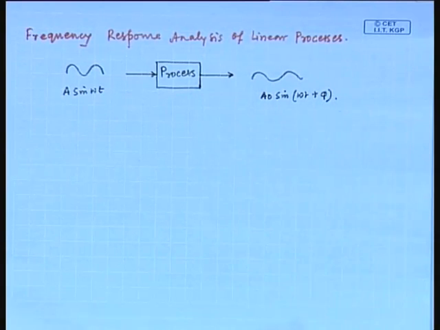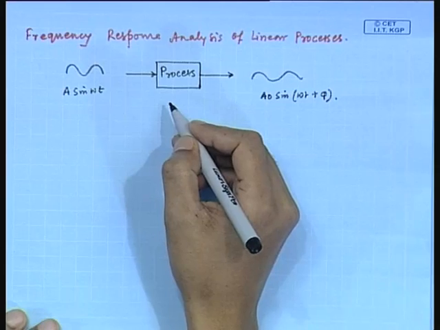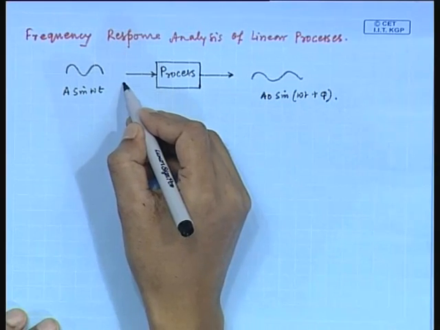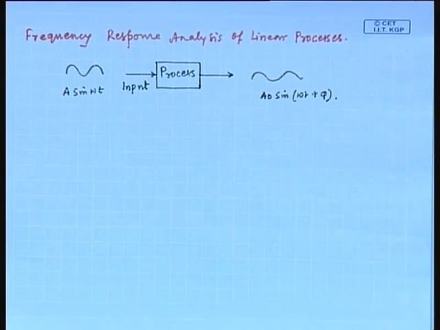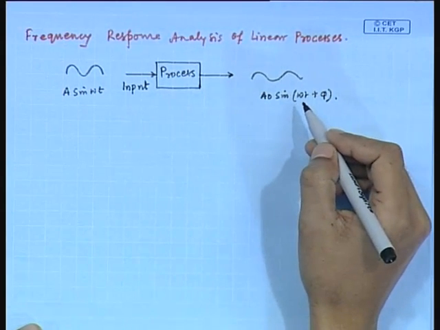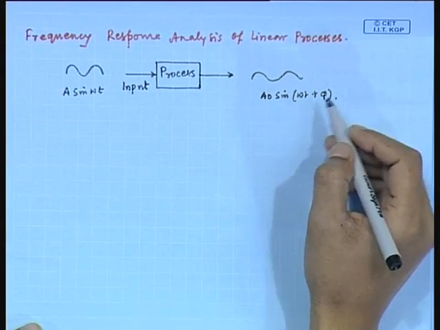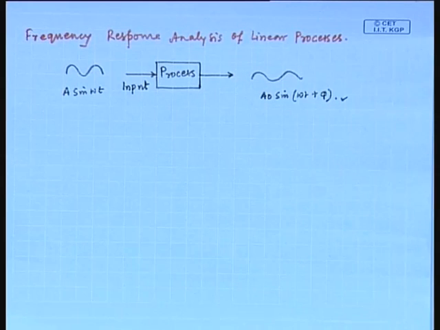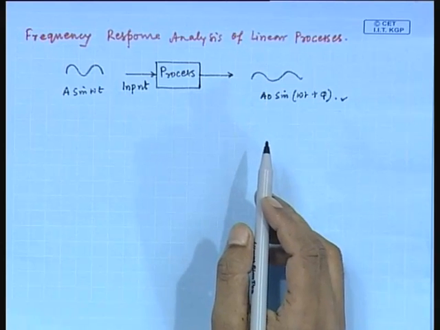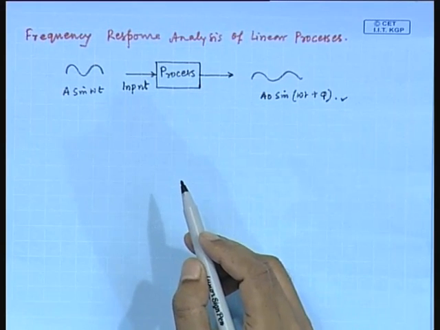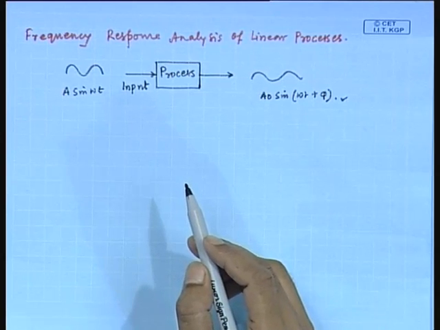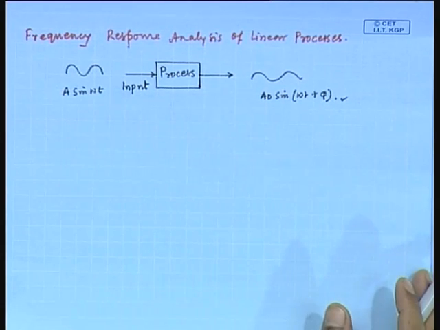It can be proved that when a linear system is subjected to a sinusoidal input, its ultimate response after a long time is also a sustained sinusoidal wave. A naught is the amplitude, omega is the frequency, and phi is the phase lag.